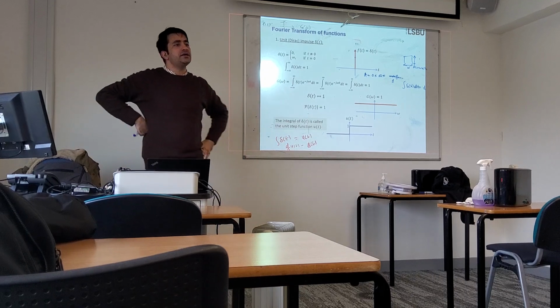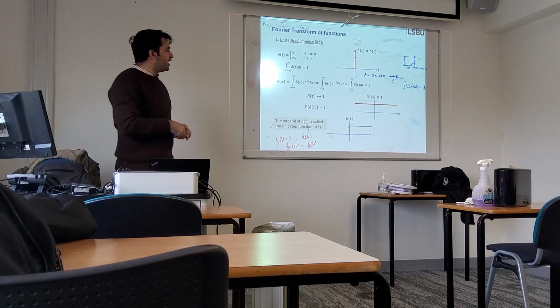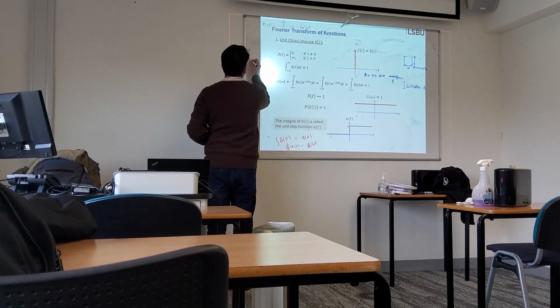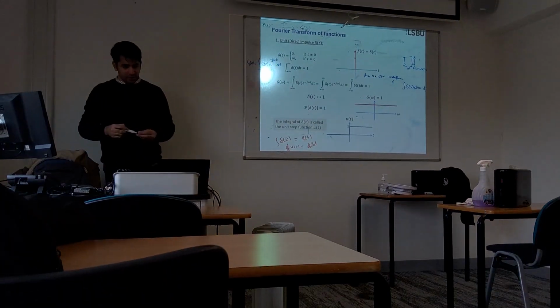Now we want to find the Fourier transform for this. To find the Fourier transform, if you want to find G of omega, it would be the integral of delta of t times e to the power minus j omega t dt, right?